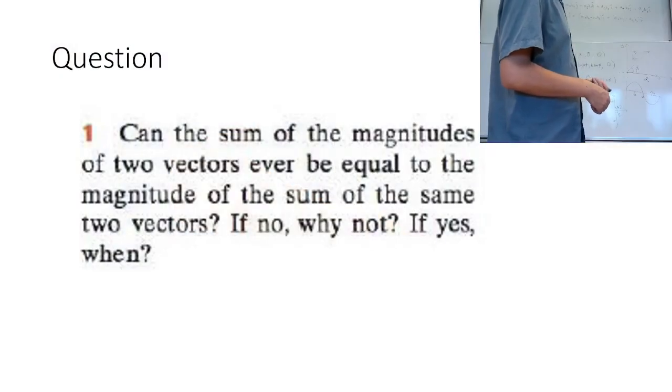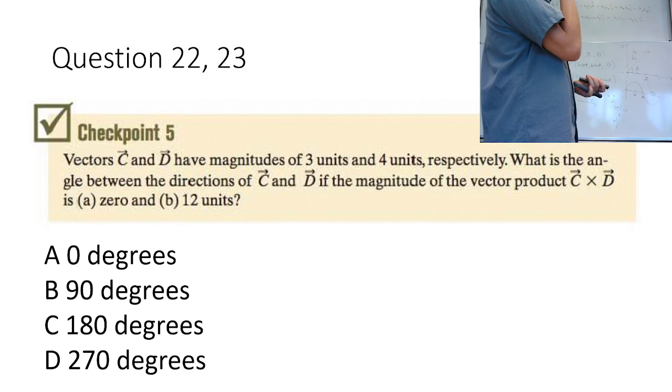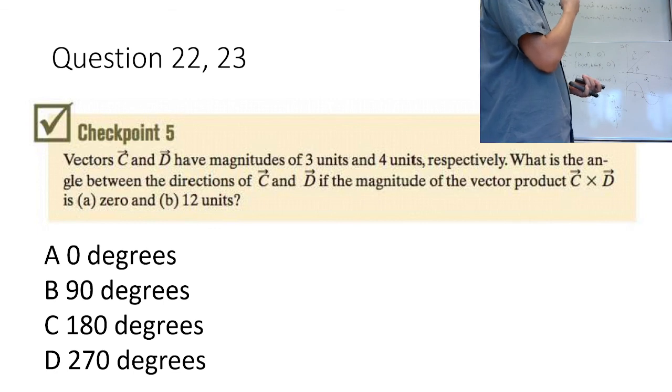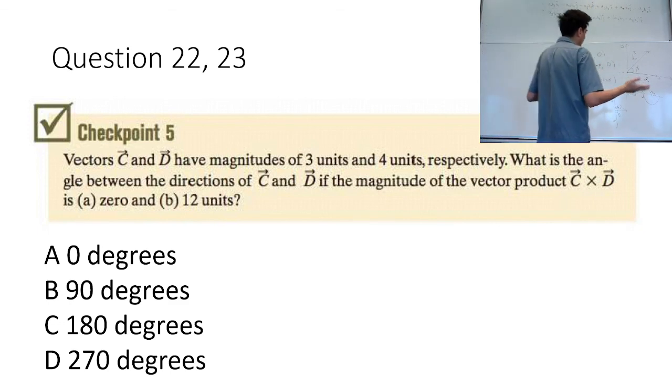Okay. Question. Oh yeah. Remember that the angle between two vectors should be between 0 and pi. Well, 270 is between 0 and 2 pi, yes. 0 and pi. Oh, 0 and pi, okay.